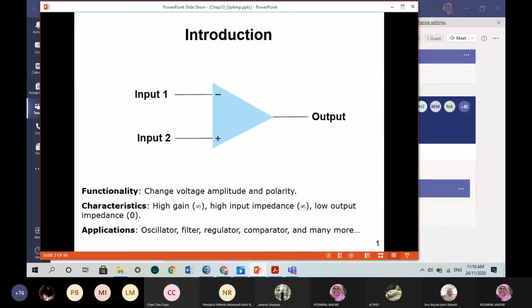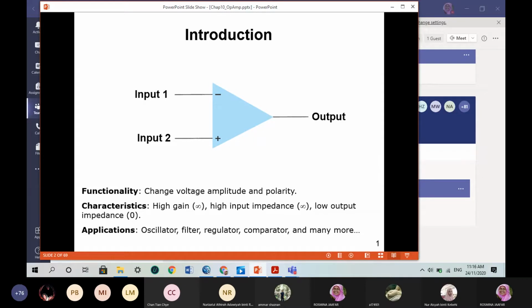The characteristics of an Opamp are high gain, infinite input impedance, and low output impedance. So the Opamp has the ability to amplify signals with very high impedance at the input side, but low impedance at the output side.